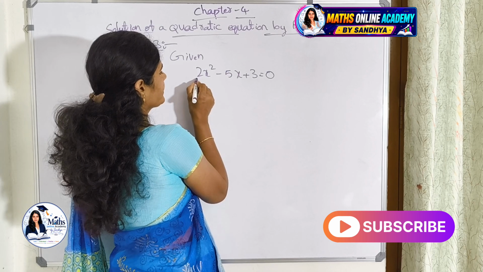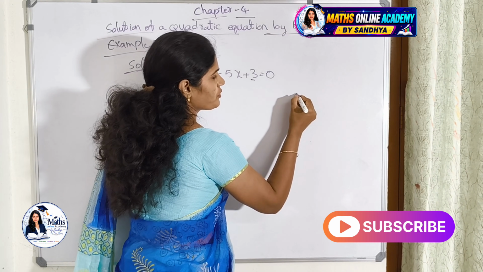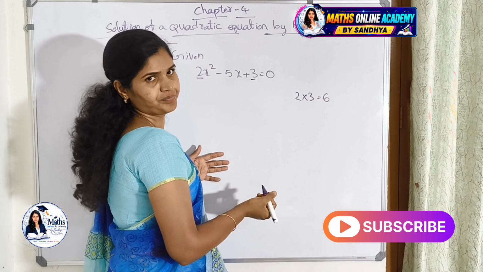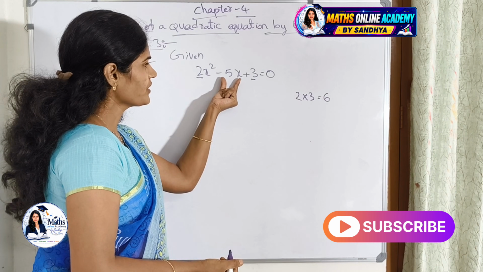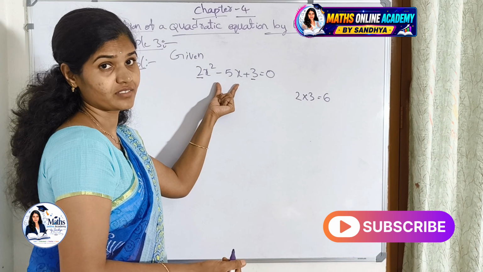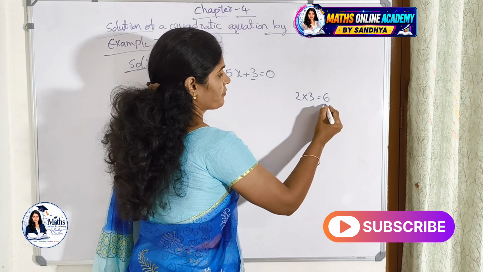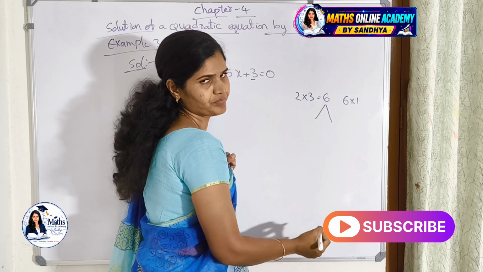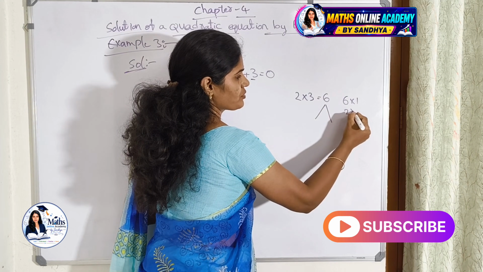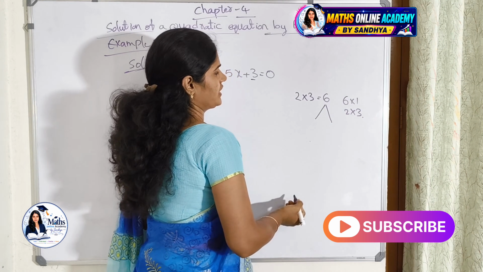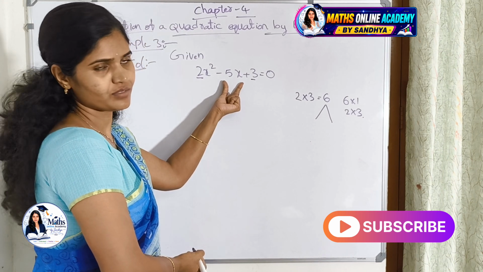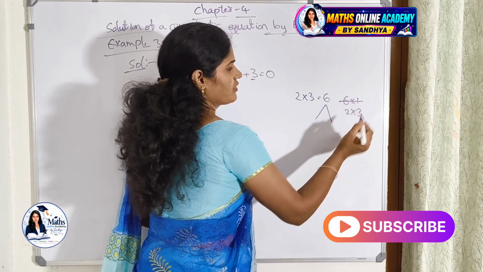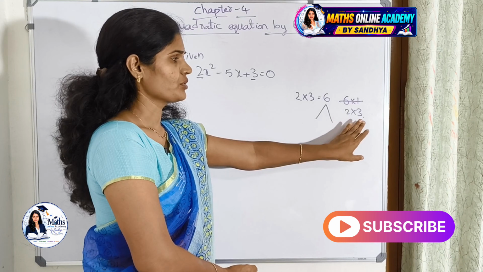Here is the 2, here is the 3. So 2 into 3 equal to 6. And the middle number is minus 5x. Take the factors of 6: 6 into 1, and 2 into 3. We want the middle number to be 5. The first one is not possible, so take 2 into 3.